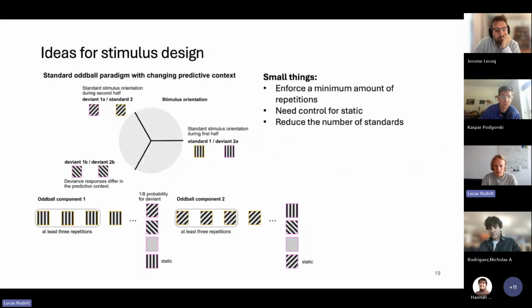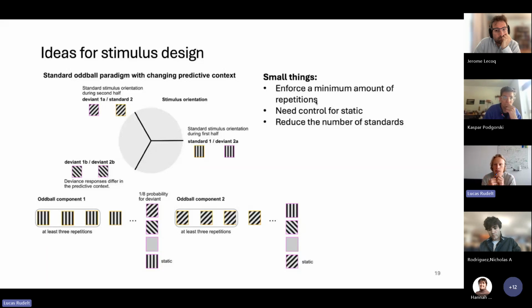Some minor points: would it be possible to enforce a minimum amount of repetitions? The way it's done currently, it's entirely random, and there are a lot of instances where a deviant is directly followed by a deviant, up to I think 3 or 4 deviants in a row.